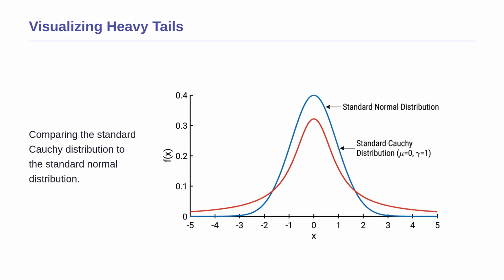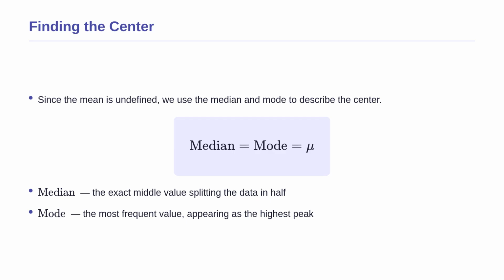This visual gap represents the heavy tails we have been discussing. There is simply too much probability mass far away from the center, which is exactly what causes the mathematical average to blow up.